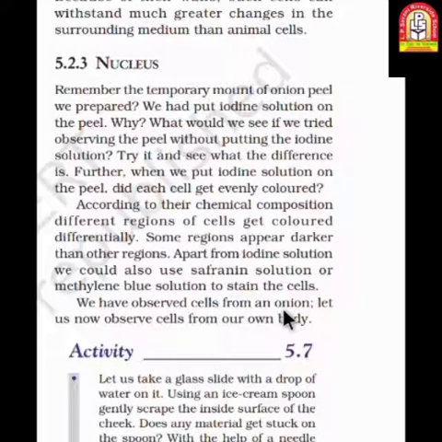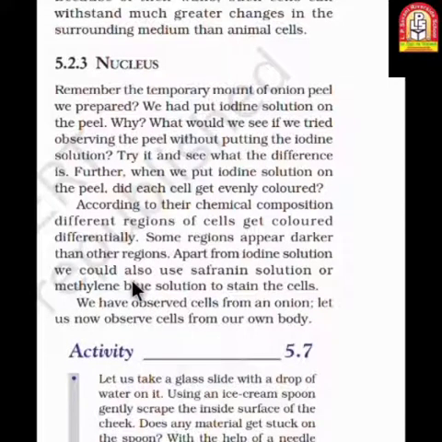It means when we prepared the mount of onion peel cells, we took the iodine solution. Yes, we took the iodine, but if we don't have iodine, then we can go for safranin solution also, and in the option of iodine and safranin, we can use methylene blue also to stain the cell.